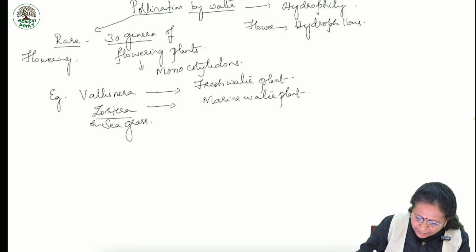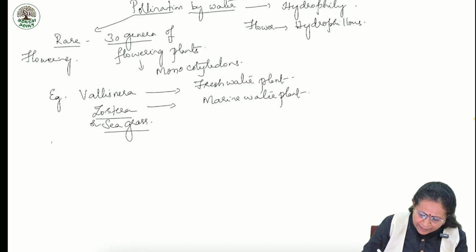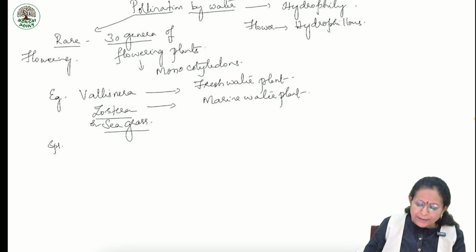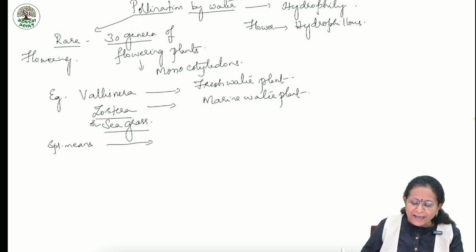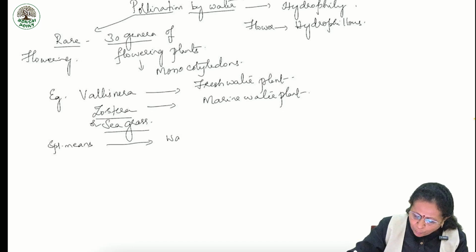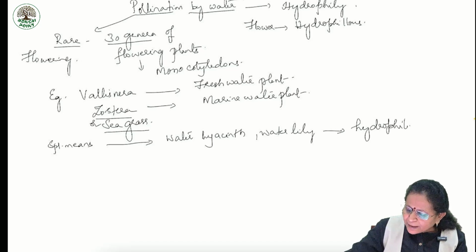Zostera is otherwise called seagrass. Now we have a special means of pollination. Why do you say special means? Example, water hyacinth and water lily. No doubt it is a hydrophilous plant.